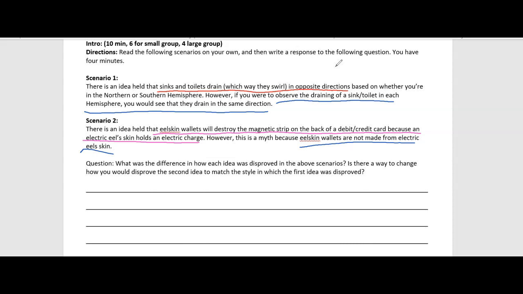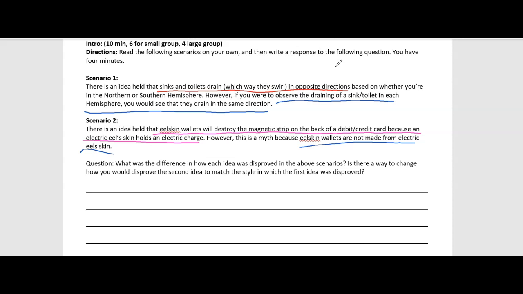Both ways are valid, right? We can do an experiment and gain data on whether or not the chip was destroyed, or we could look at the fallacy in the original argument, right? The original conjecture was assuming that the wallets are actually made from eel skin.